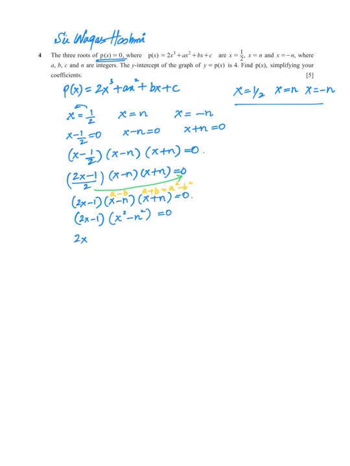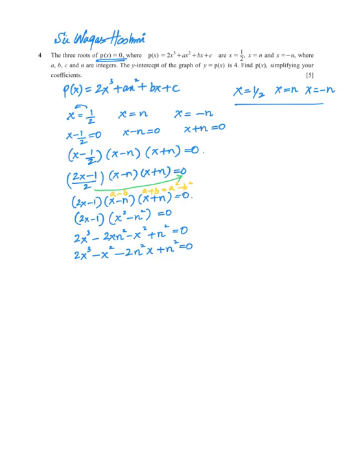So it is 2x cube minus 2xn square minus x square plus n square equals 0. And if I arrange it, that will be 2x cube minus x square minus 2n square x plus n square equals 0.